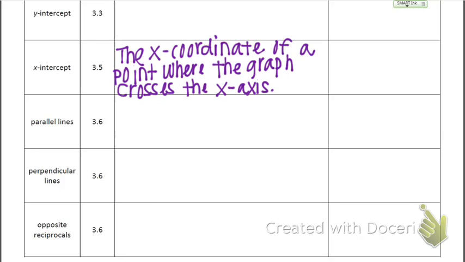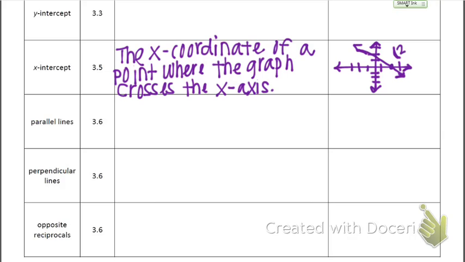So let's do an example. I'm going to draw a little graph, and I'm going to do a line through here. Guys, what is the coordinate of that not very pretty looking graph that crosses the x-axis?